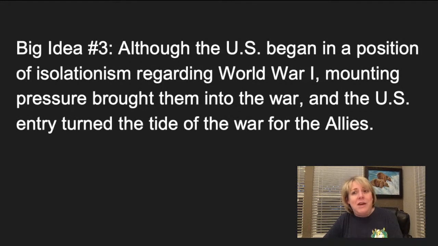Again, that idea that we can choose the government we want, and all nations should be able to do that. And then finally, he wanted a League of Nations. A League of Nations that would be an organization that would help negotiate problems between countries throughout the world without using war. So that's the goal of the 14 points that Wilson's going to show.